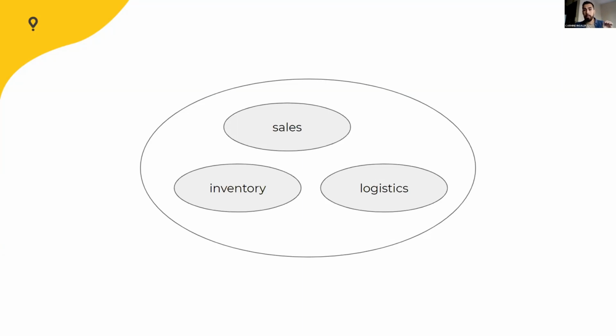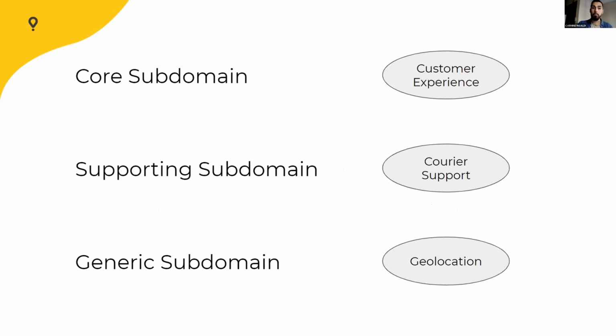There are many different types of subdomain inside one domain, because we have domains where we talk about things that really make money, and these are the so-called core subdomains. For example, mapping on Glovo could be customer experience, taking data and information from the customers.